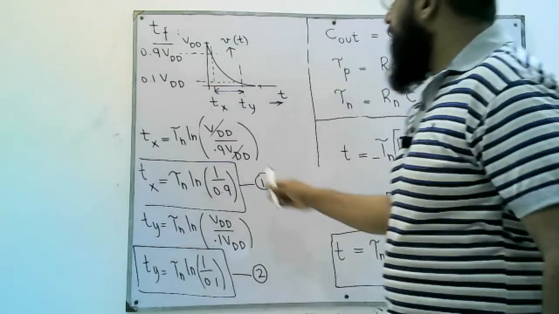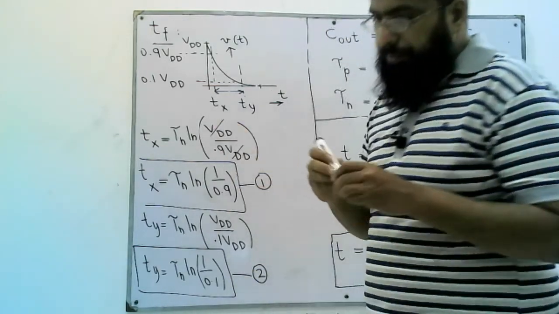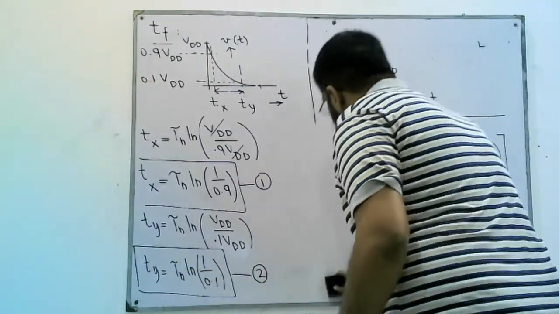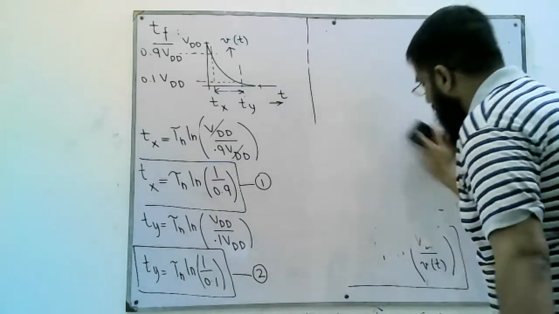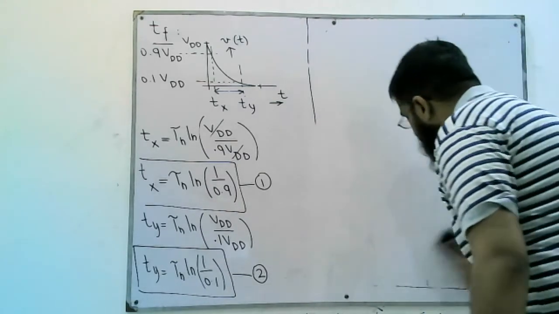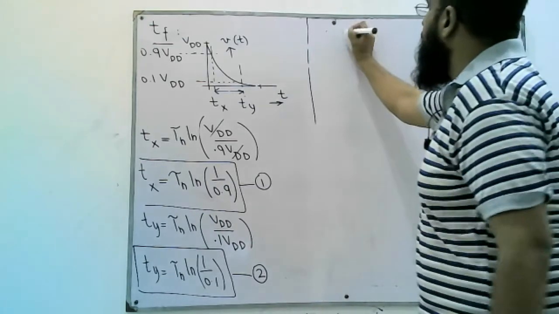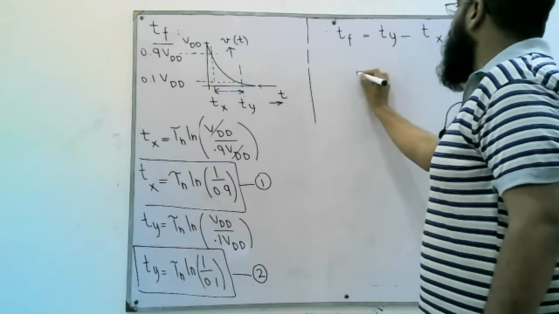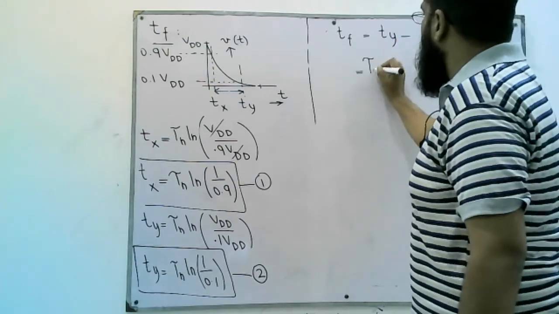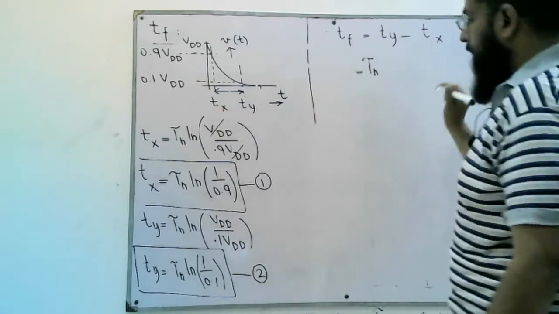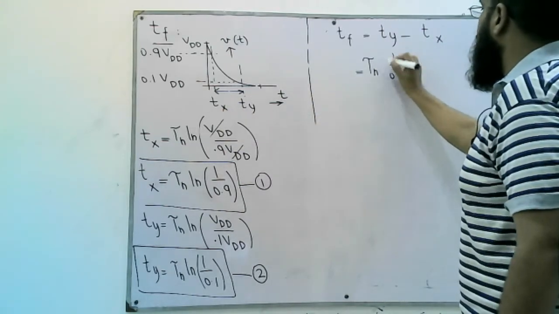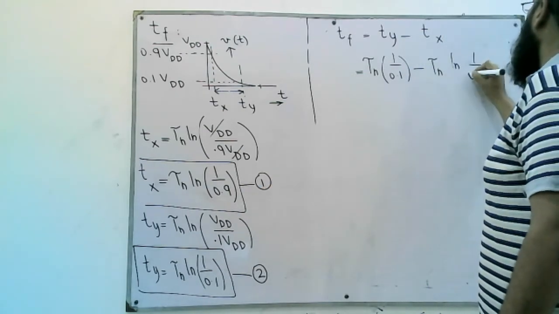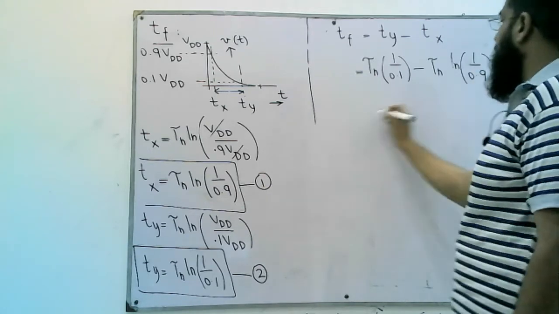Now we are going to calculate Tf, which is the difference of the two, the fall time delay, the desired value. So what is the expression for Tf, the fall time delay? Tf is the difference between Ty and Tx. So Ty minus Tx is tau n log of 1 over 0.1 minus tau n log of 1 over 0.9.